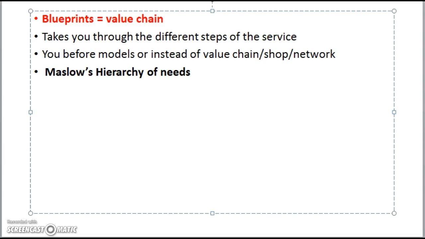So blueprints are for the services, value chains are for production companies, and they're supported by both of them, value shop and value network. So just keep focus on these aspects, and it would be neat to be able to write something about the value chain primarily in production, whereas blueprints are the steps in a service, these two supporting them.